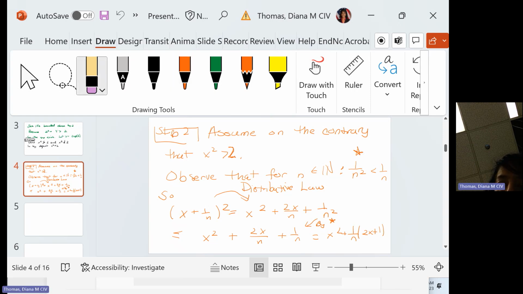Let's see, write this a little neater. Well, x is a fixed number.